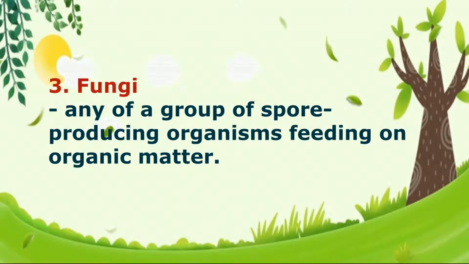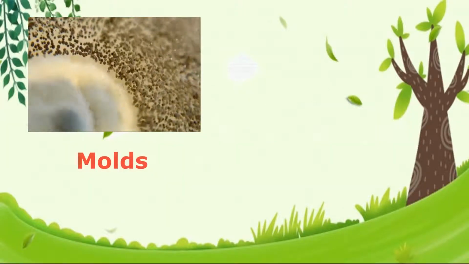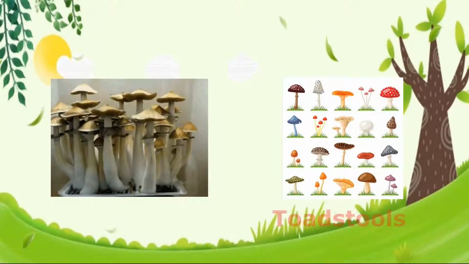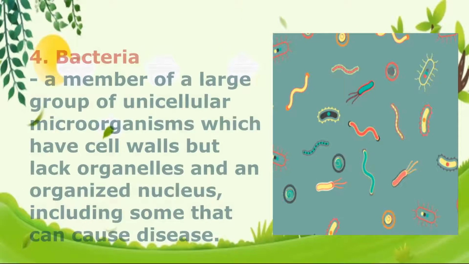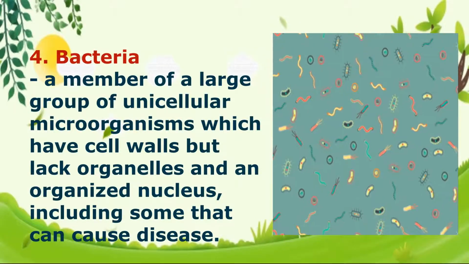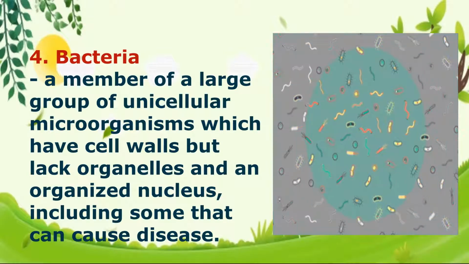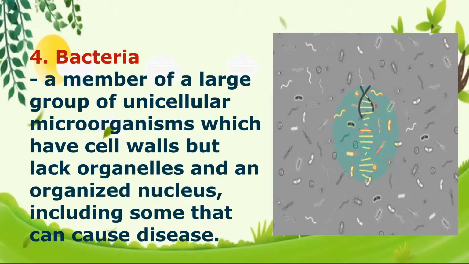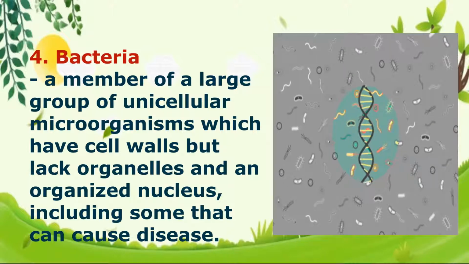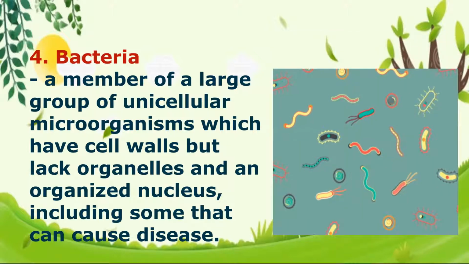Any of a group of spore-producing organisms feeding on organic matter, including molds, yeast, mushrooms, and toadstools. 4. Bacteria. A member of a large group of unicellular microorganisms which have cell walls but lack organelles and an organized nucleus, including some that can cause disease.